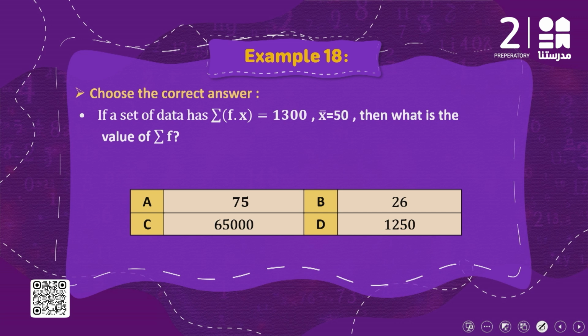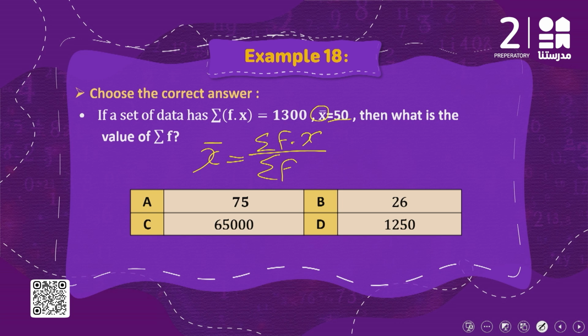If a set of data has sum f dot x 1300 and x bar, which is mean, is 50, then what is sum of f? We solved a question like this one before. Let's do it again. We have x bar, its rule is sum f dot x over sum of f. You will use the values instead in each part here.